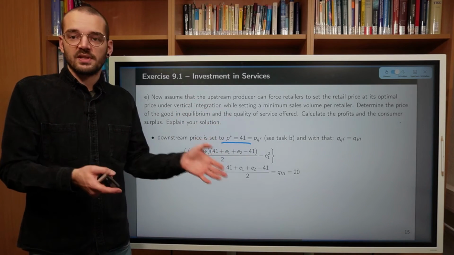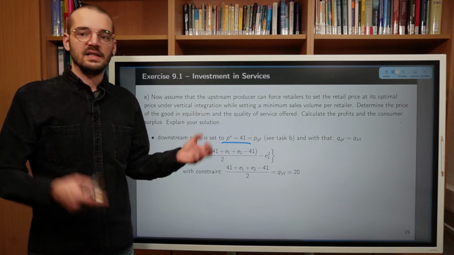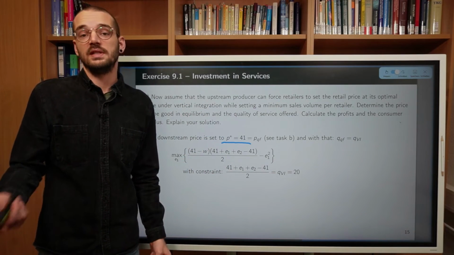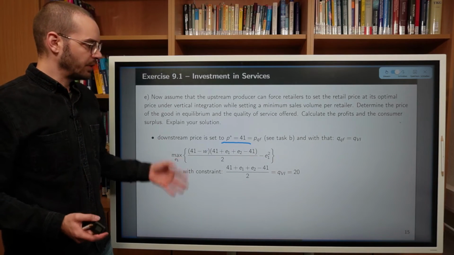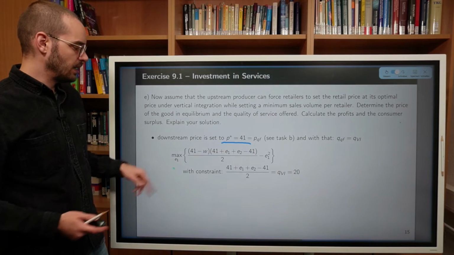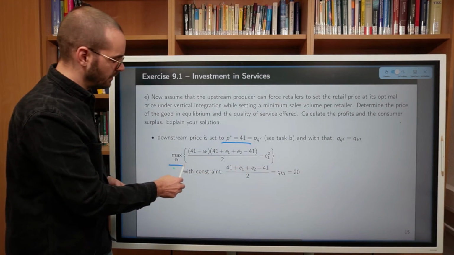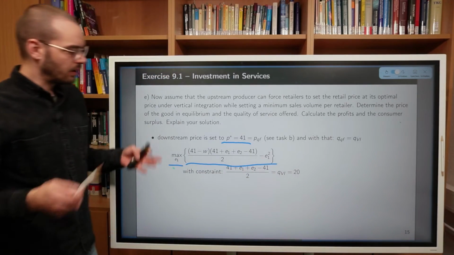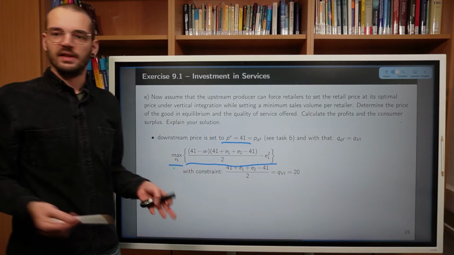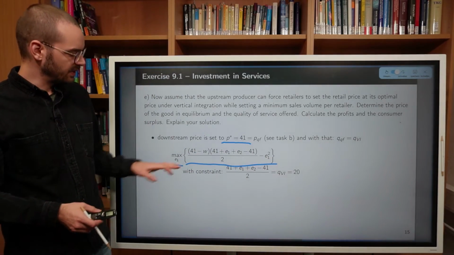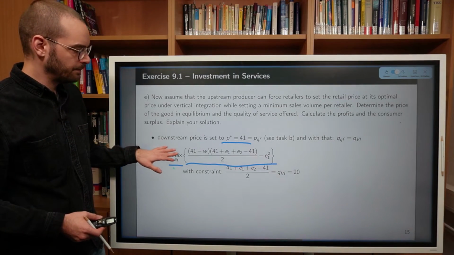Moving from a benchmark situation where downstream maximized their profits by choosing price and service quantity E, downstream again can only choose service quantity E in order to maximize their profits. So this is the profit maximization problem, which is the same that we already knew from before, the difference being there is no franchise fee anymore. Other than that, it is the same profit function that we saw earlier.